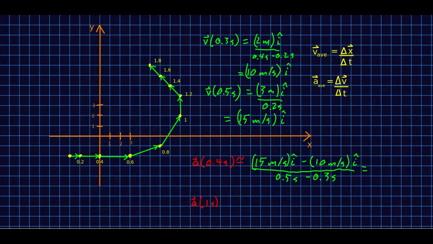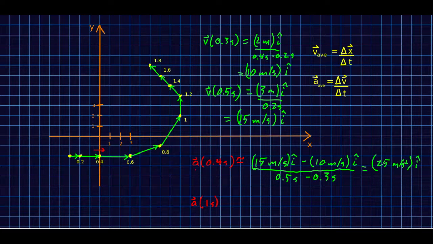And so that is going to be 5 meters per second over 0.2, so that is 25 meters per second squared in the positive x direction. And notice that it gave us the expected result. This is speeding up. It's given us an acceleration pointing in the direction of motion.